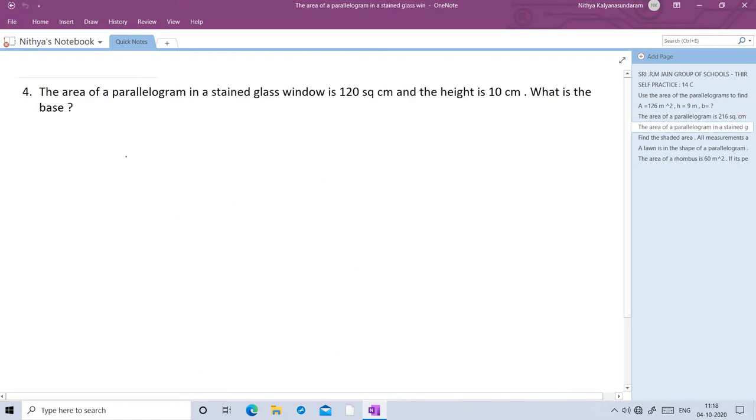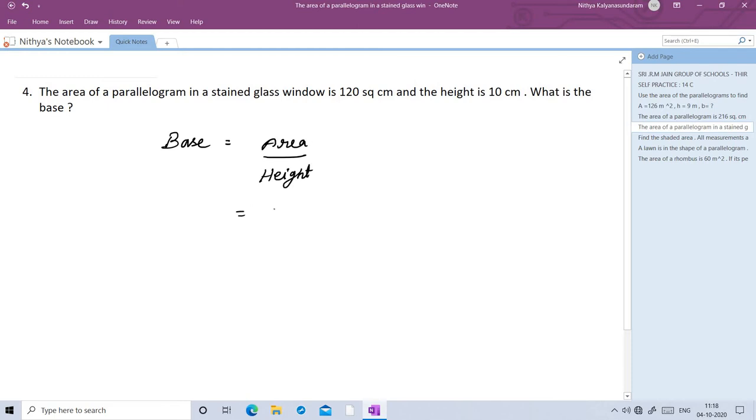Next question. The area of the parallelogram in a stained glass window is 120 square centimeter. Height is 10 centimeter. What is the base? If you want to find base, the formula is area divided by height.